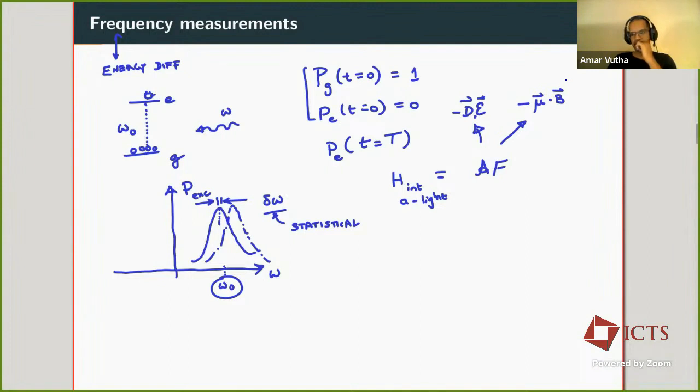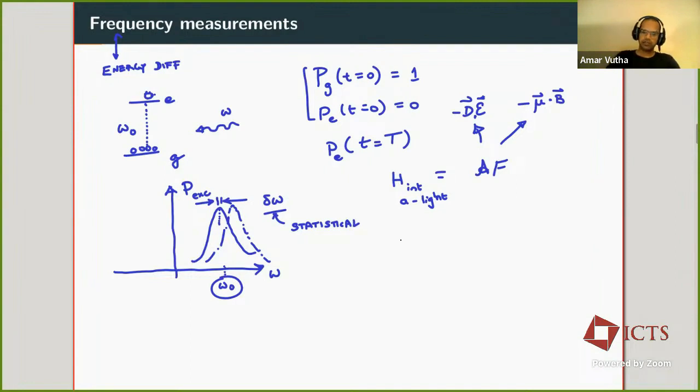If you're the rare sort of person who works with higher multipole moments, you may have seen other interactions of this form involving quadrupoles and so on. But in all of these, the basic interaction Hamiltonian between light and matter looks like an atomic operator, something to do with matter, like the mu or the d, and a field operator, like the E or the B. So in both cases, it's an atomic operator times a field operator. So I'll just use this notation to represent this.